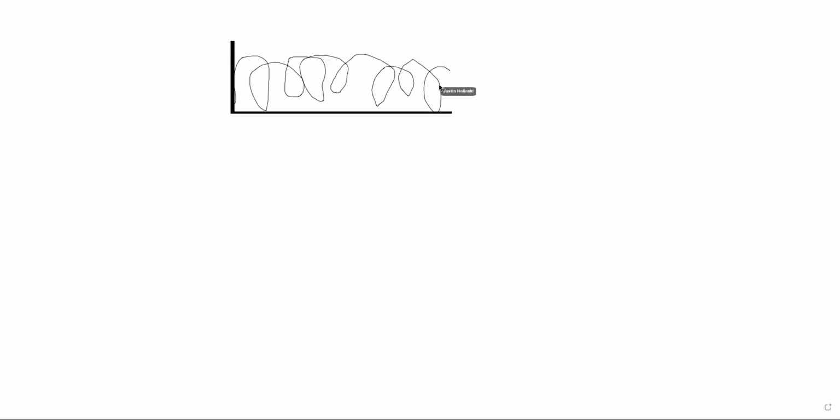Same thing happens if you compress it and let it go. So the more you compress it, the longer it'll take for it to reach its equilibrium position. So like I was saying, every spring has something called a spring force constant, which is kind of a measure of the stiffness of a spring. So if you imagine a slinky, that toy that we all used to play with as kids, a slinky is not very stiff.